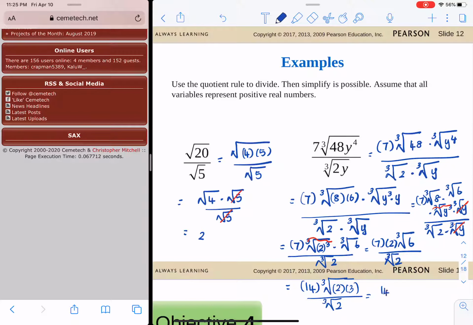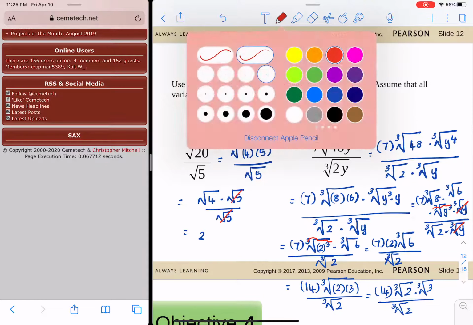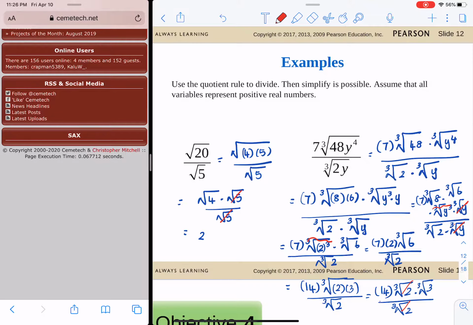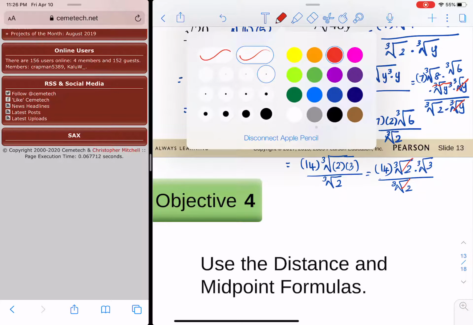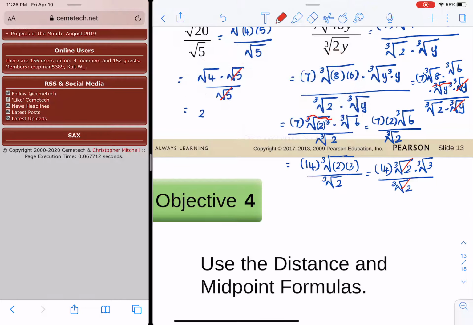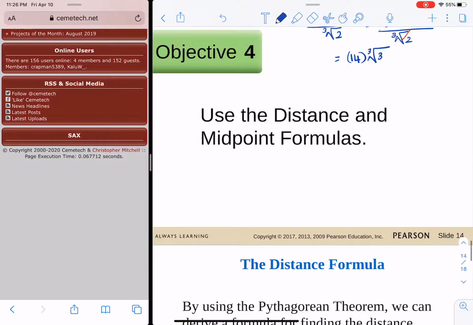So we have 14 cube root of 2 times the cube root of 3 divided by the cube root of 2. Those two terms are identical, they go away. And we would simply have 14 multiplied by the cube root of 3, and that is the final answer.